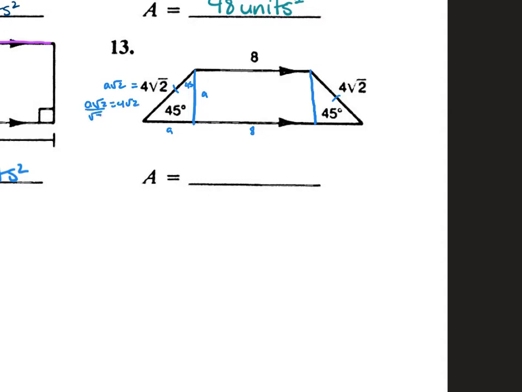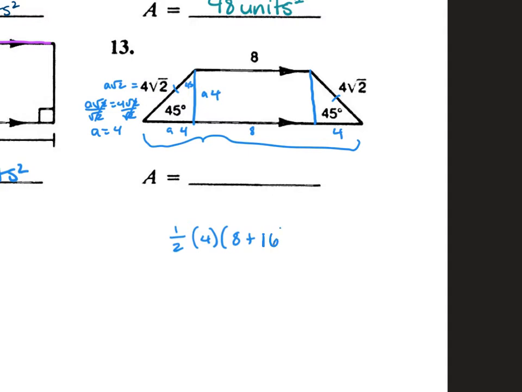Divide both sides by root 2. A is 4. That makes this 4 and this 4 and also this 4. So I have 1/2 the height, which is 4, base 1, which is 8, plus base 2, which is 4 plus 8 plus 4, or 16. 1/2 times 4 is 2, and 2 times 24 is 48.